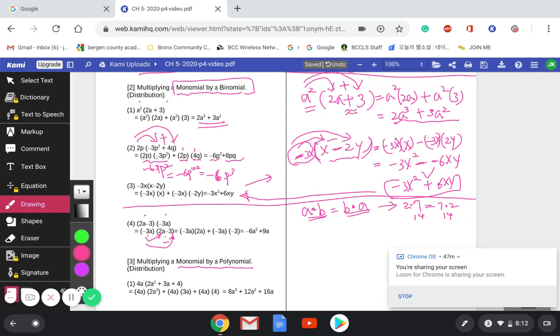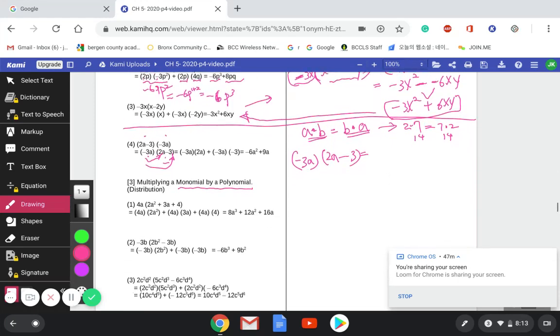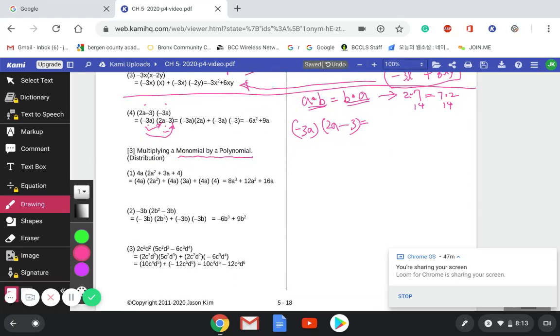So let me rewrite this. Negative 3a times 2a minus 3. Then it becomes negative 3a with a parenthesis times 2a, minus negative 3a times 3.